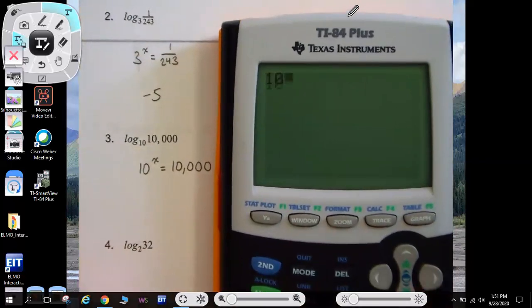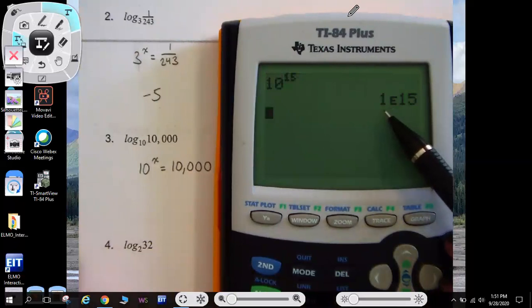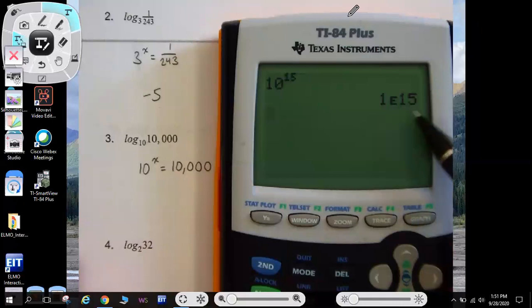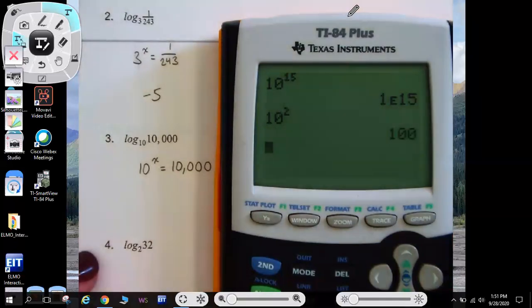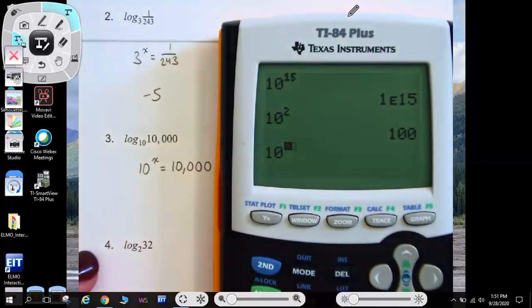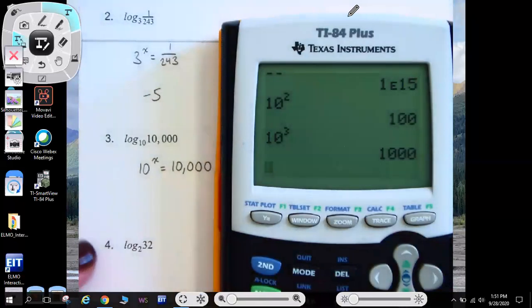If you use too big of an exponent here, you end up with this e, which is basically telling you that this is 1 times 10 to the 15th power. It's like scientific notation. All that means is that you're using an exponent that's too big. So try numbers smaller than 15. That's why I would suggest just starting with 2 and going up from there, because usually it's not too big of an exponent.